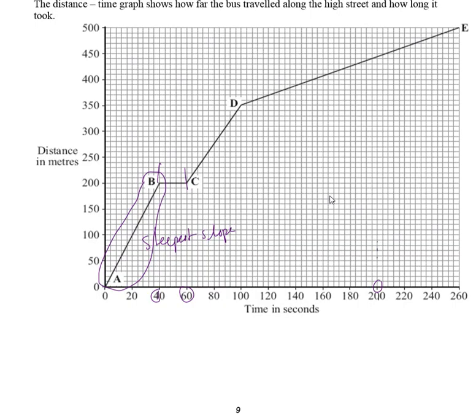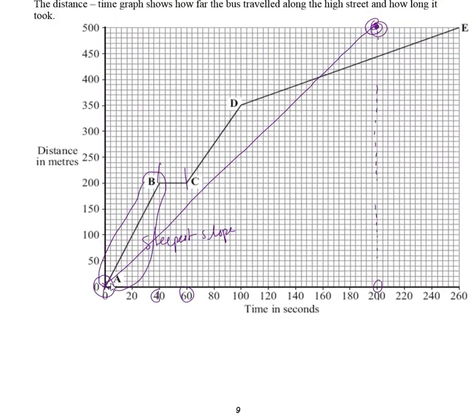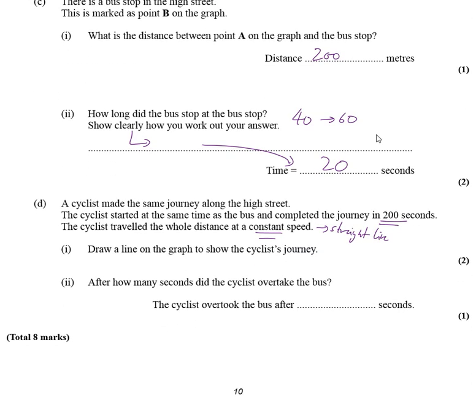So this is the end. We start here and go up to there. So therefore we're going to have a straight line graph. See where it starts, where it ends. Complete the journey.